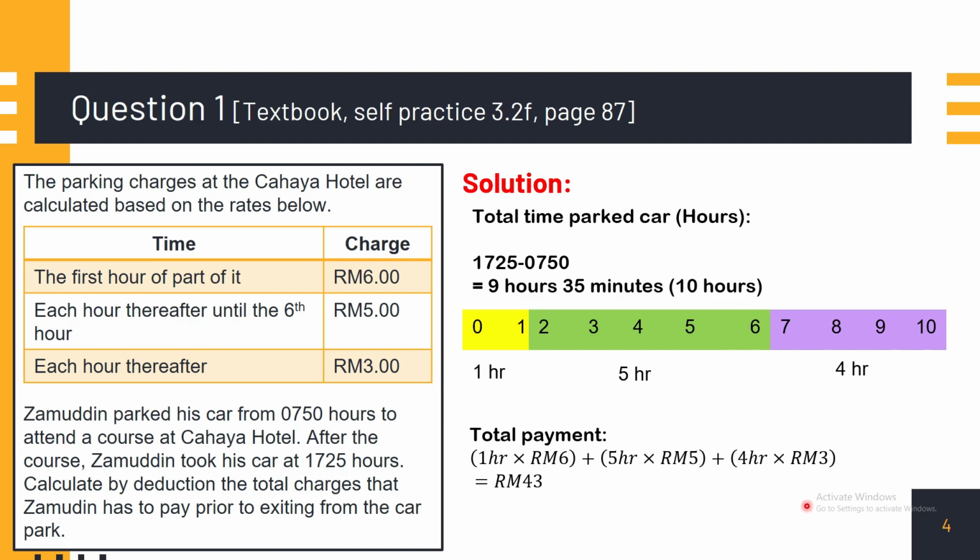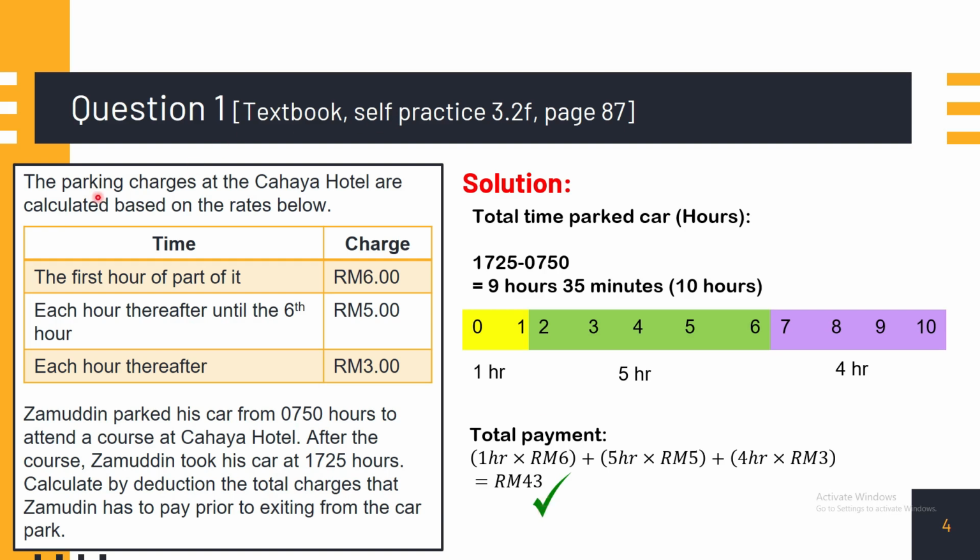We total up this calculation and we get 43 ringgit. So Zamuddin needs to pay 43 ringgit for his parking charge.